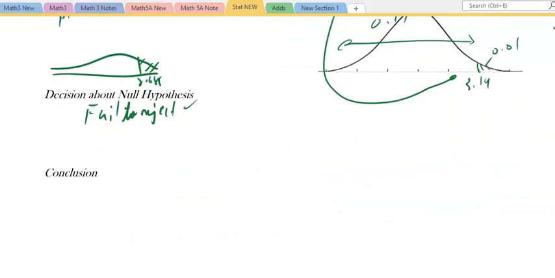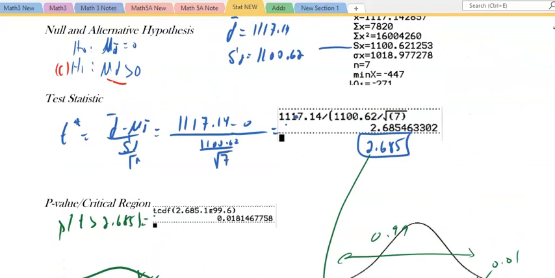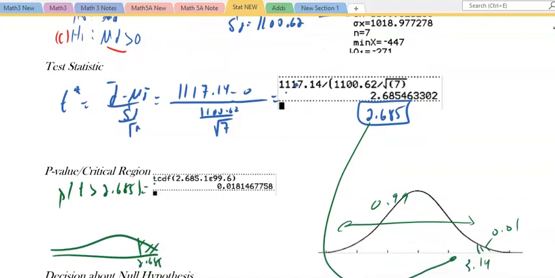What's your conclusion? Remember, we failed to reject the null hypothesis, and the claim wasn't in the null hypothesis.